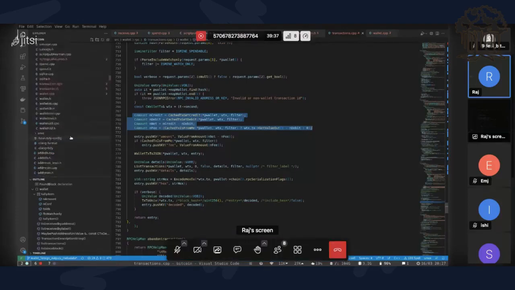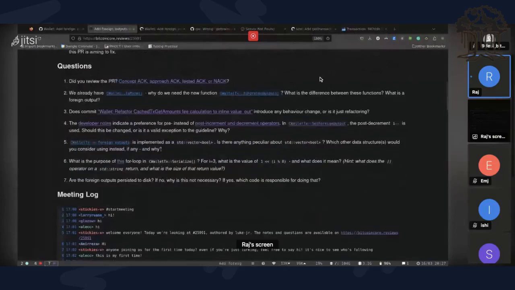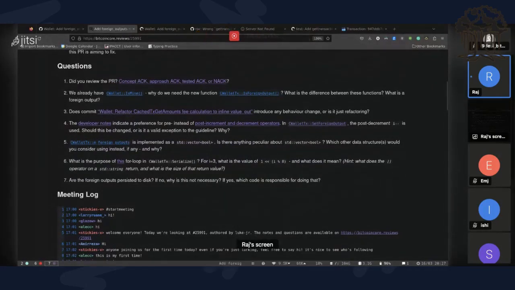There is already a wallet is mine, so why do we need wallet is for an output? Because is for an output is something that is not is mine, right? So we should be able to cover it from the negative of is mine, right? And in so the RC, yeah, go ahead.